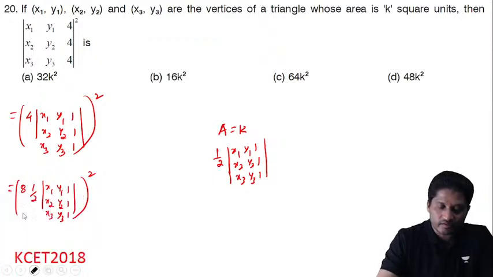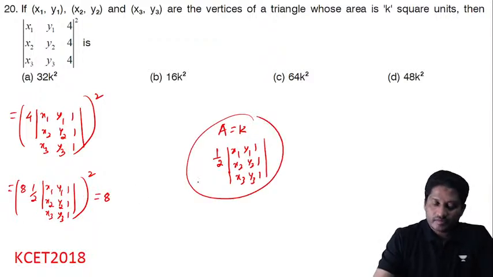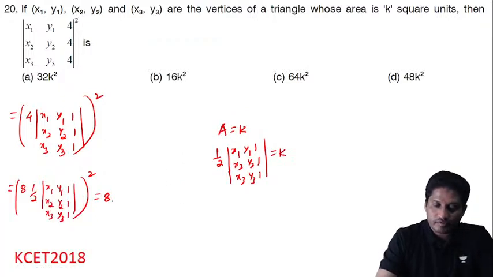So this is 8 into, according to the question, half of the determinant of x1 y1 1, x2 y2 1, x3 y3 1 is equal to k. So if I substitute here, you get 8k the whole square, which is 64k square. Okay, answer is option C.